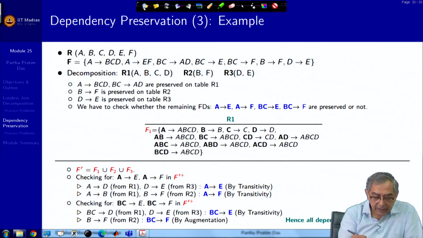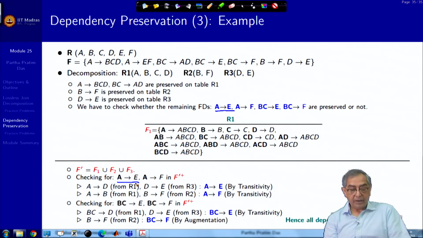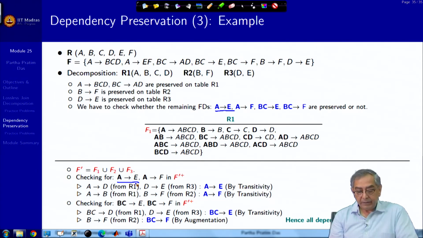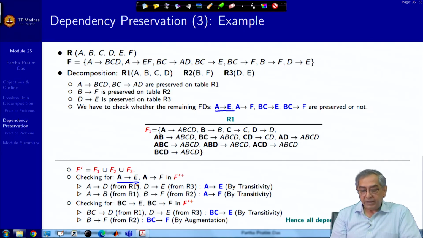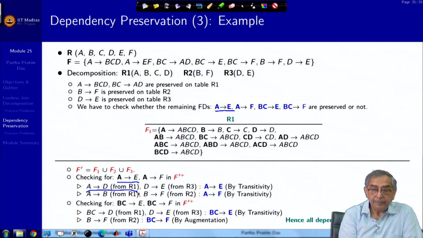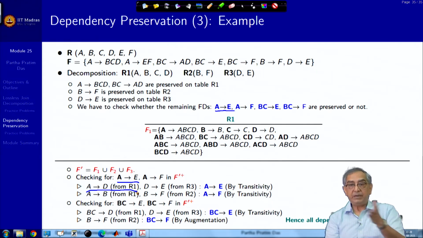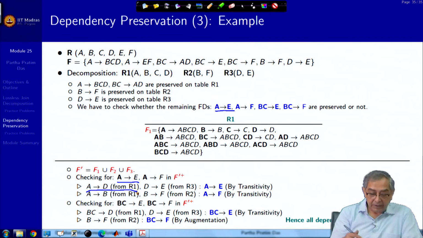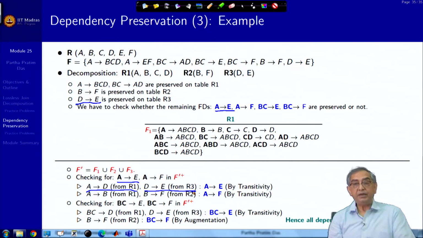Now, let us consider the first one, A determines E. Now, what do I have? I have A determines ABCD, which means I have A determines D. R1 will make sure that A determines D. We have D determines E from R3, which we have already seen.